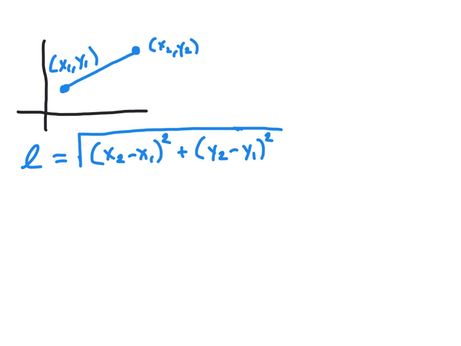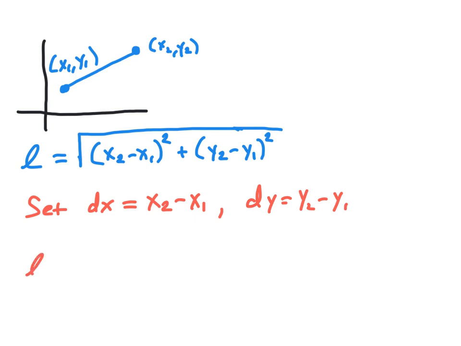Now, we can simplify this a little bit by setting dx to be equal to the difference in the x values, x2 minus x1, and by setting dy to be the difference in the y values, y2 minus y1. By substituting these in, we see that the length of this particular segment is going to be dx squared plus dy squared, all inside the square root function.